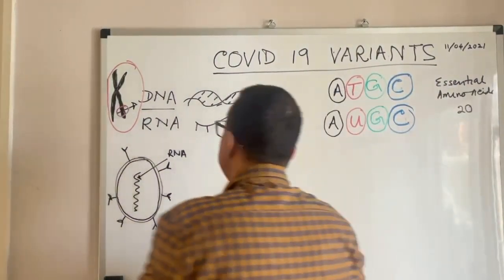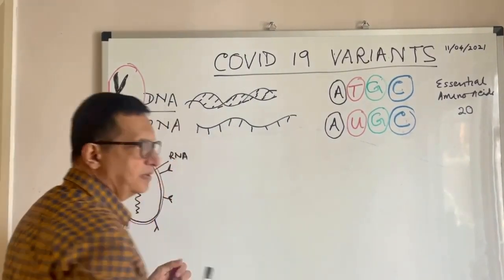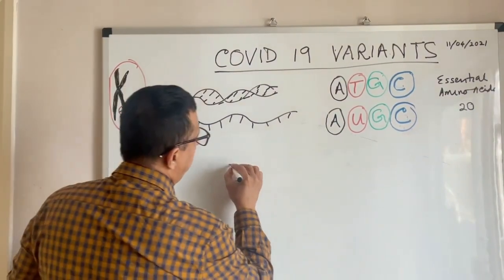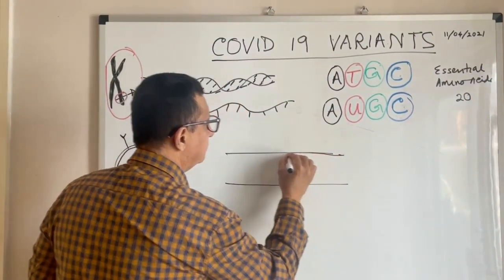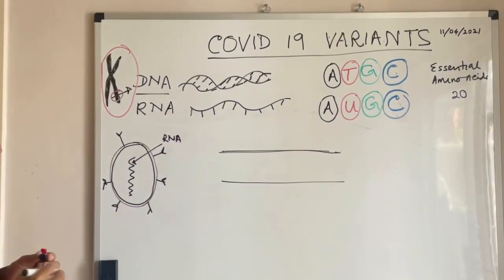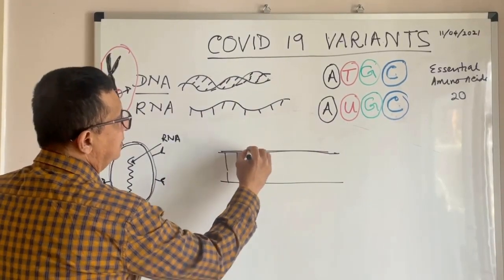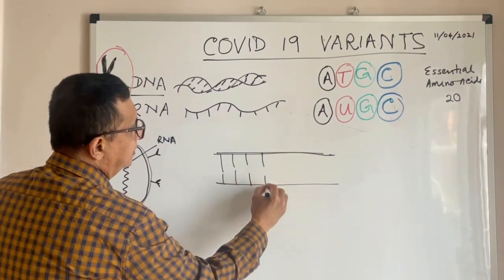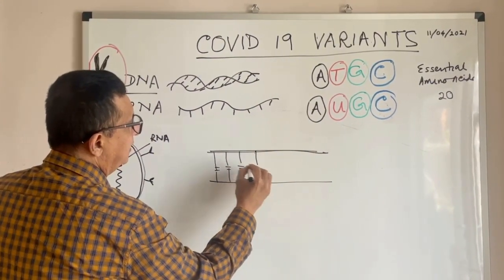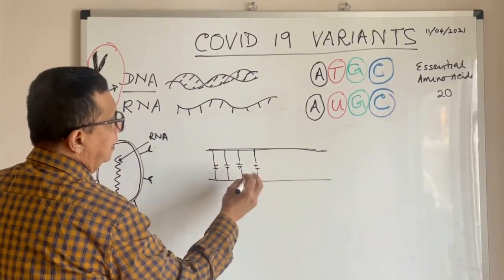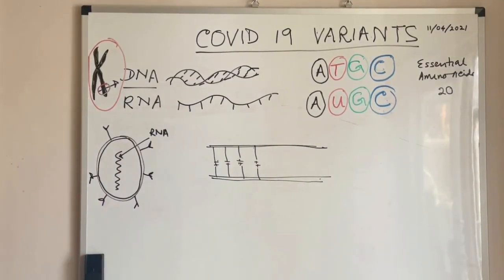These double helicals consist of sugar phosphate backbones and various bases, each base connected with hydrogen bonds, and make this double helical.